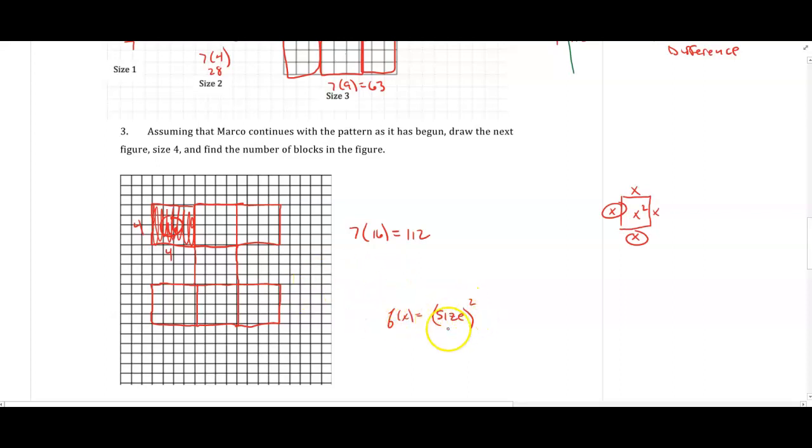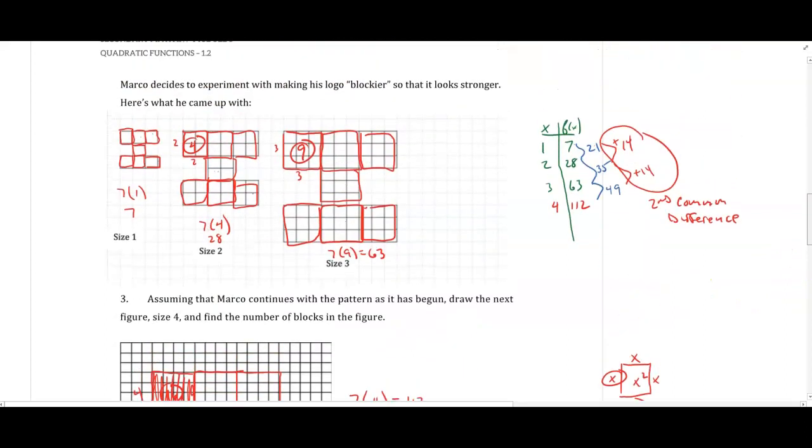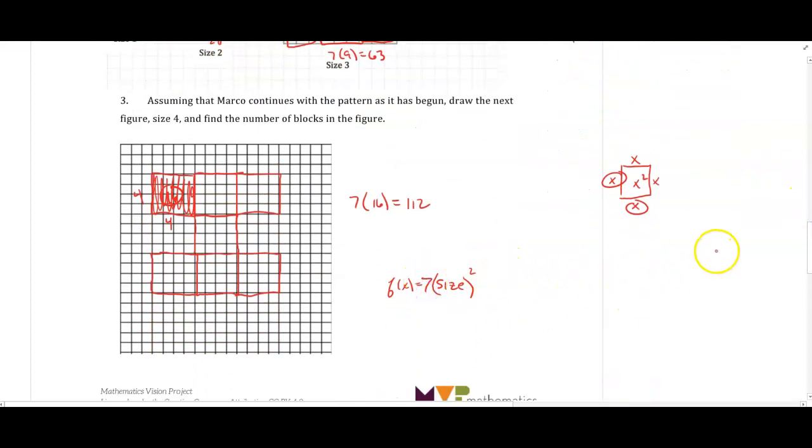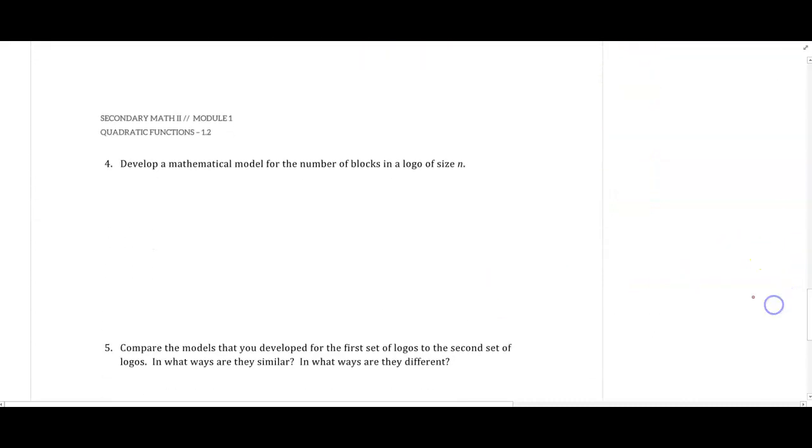Now, here's the thing, that's for one square. How many did these figures have? I had 7 squares here, 7 squares here. So it'd be 7 times whatever size we're working on, to the second power, or 7 times the size times the size. So the best rule to give here, if it's a size n figure, that means it's an n by n and the area would be n squared.